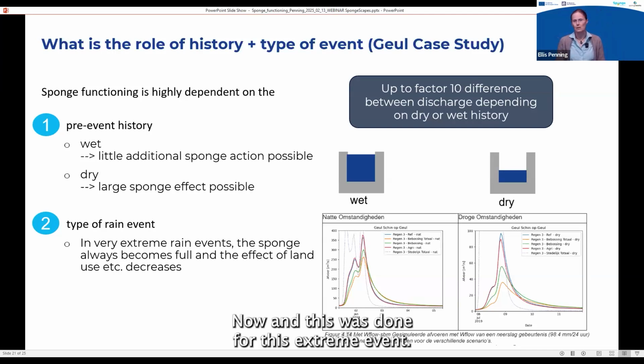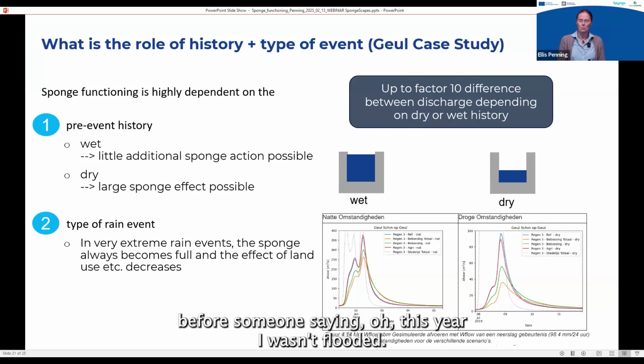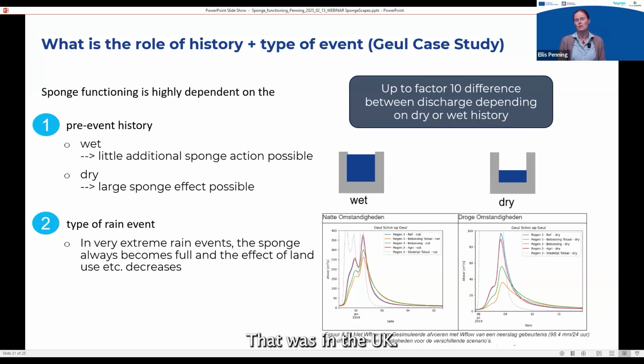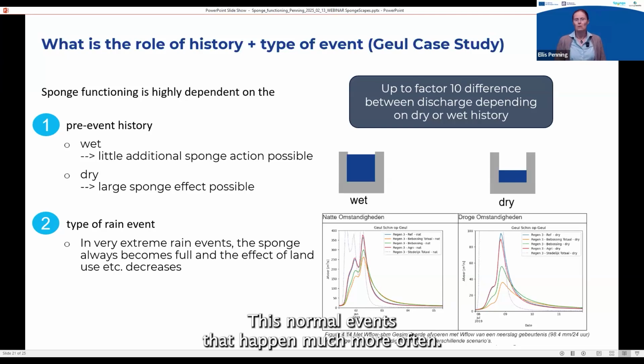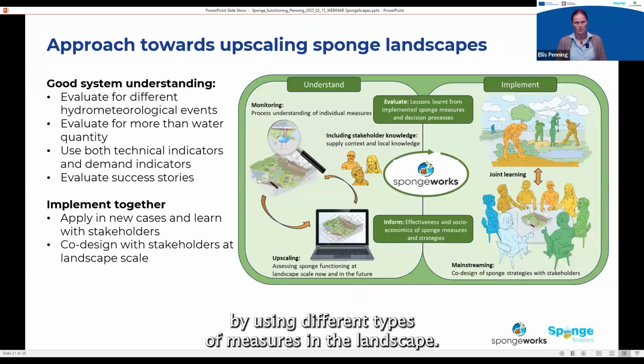This was done for this extreme event, but like the example Benoit was giving before, of someone saying this year I wasn't flooded, that was in the UK, these normal events that happen much more often than the super extremes can also be eased by reducing their impact using different types of measures in the landscape.